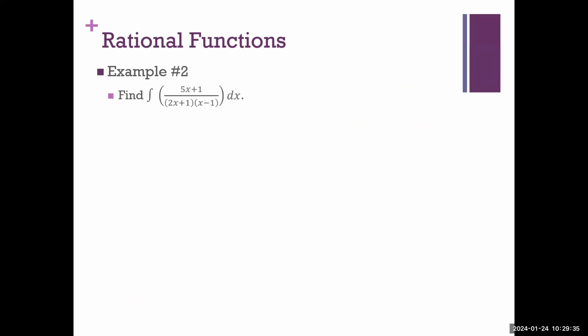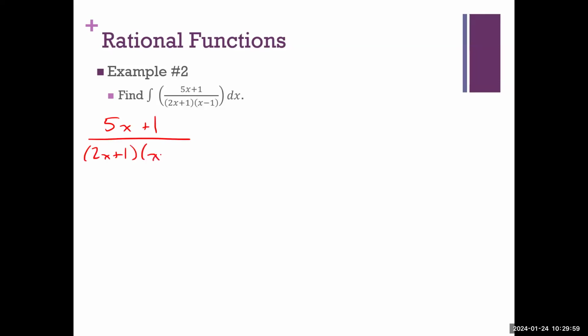Basically, if we were adding fractions together, we have to find a least common denominator. Now what we have is, basically, I'm giving you a common denominator. So let's think about what the denominators of the simpler fractions might look like. So what might those denominators be?